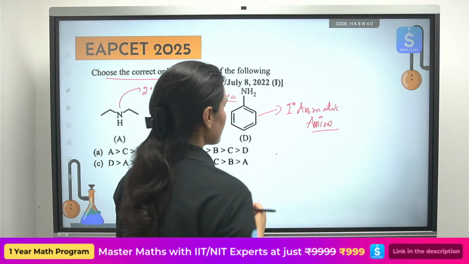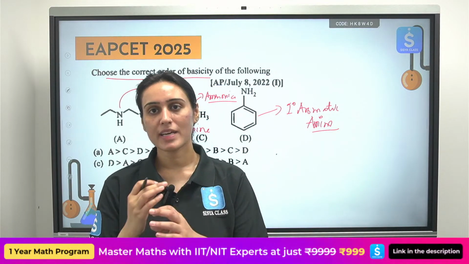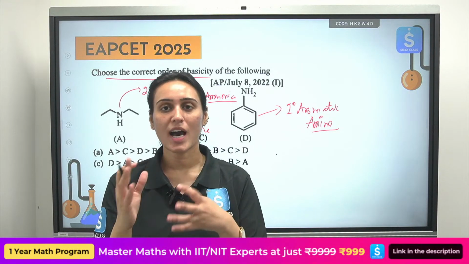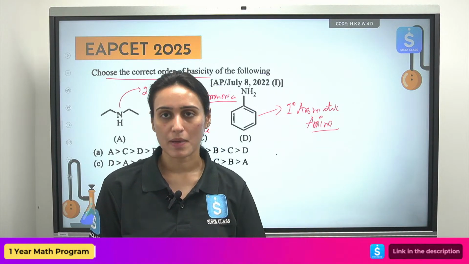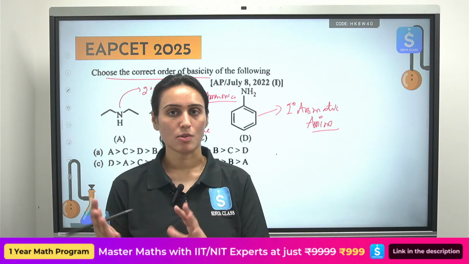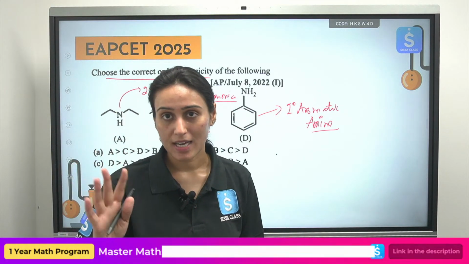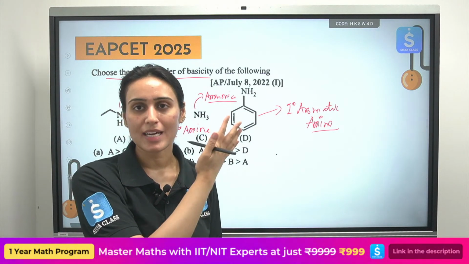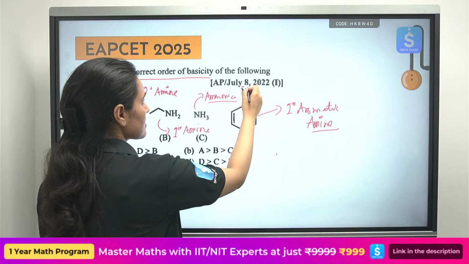How do we compare the basic strength? As I have repeated multiple times, you have to compare the basic strength on the basis of how easily a certain species can donate the lone pair of electrons. So if it can donate the lone pair of electrons easily, you will consider it to be a strong base, correct? So if you talk about your aromatic amine and you compare it with all the aliphatic amines that are given and ammonia, here the lone pair of electrons is in conjugation, right?